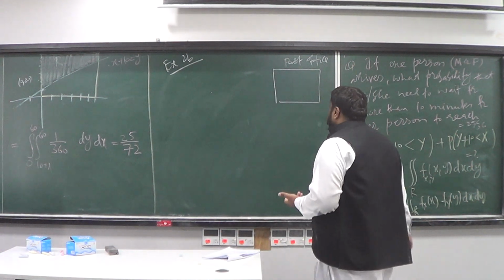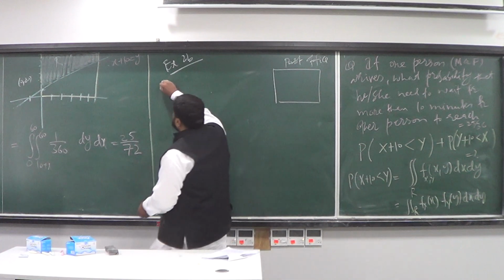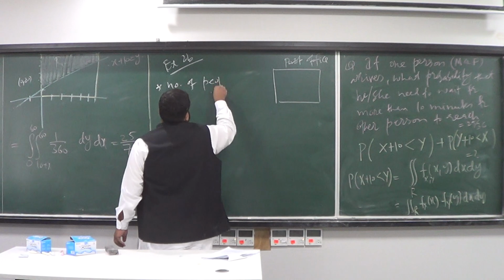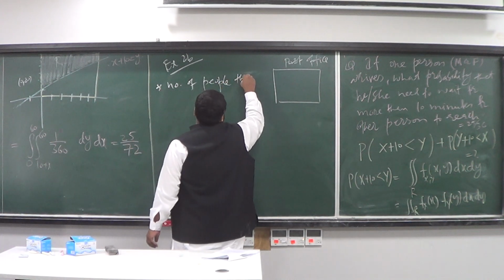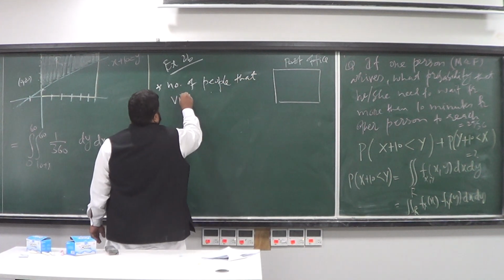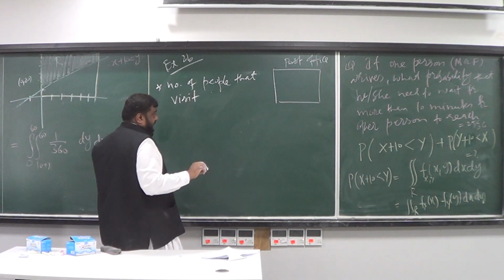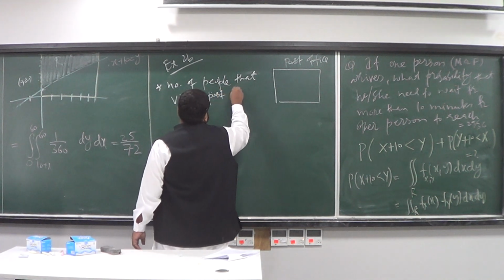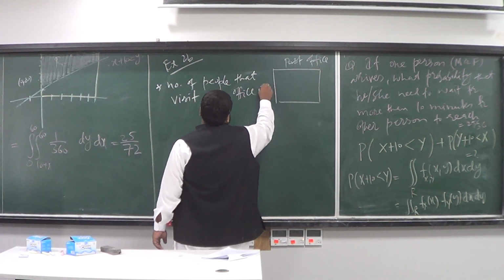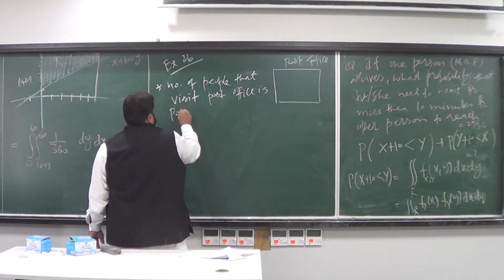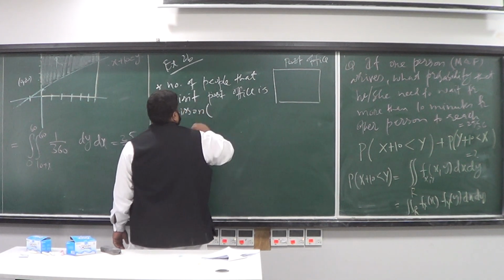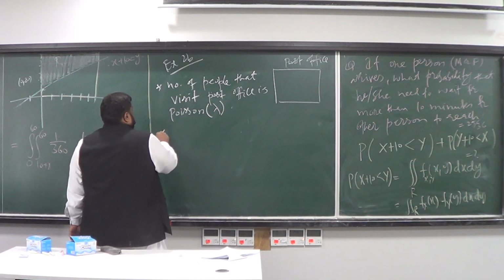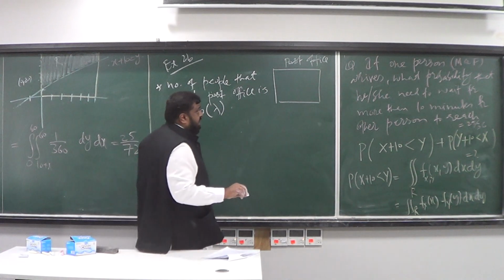So suppose that the number of people that visit the post office is a Poisson random variable with the parameter lambda.